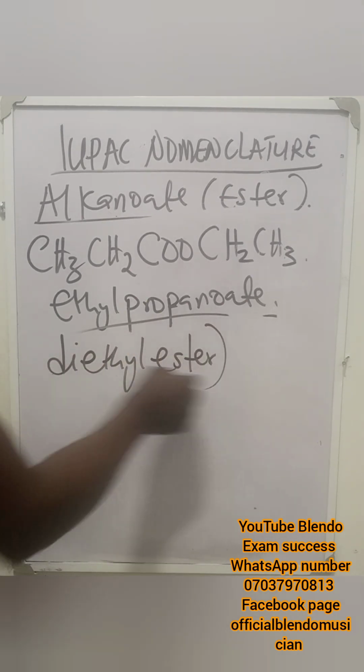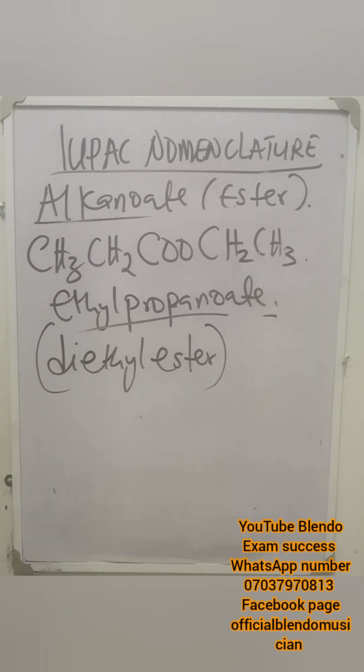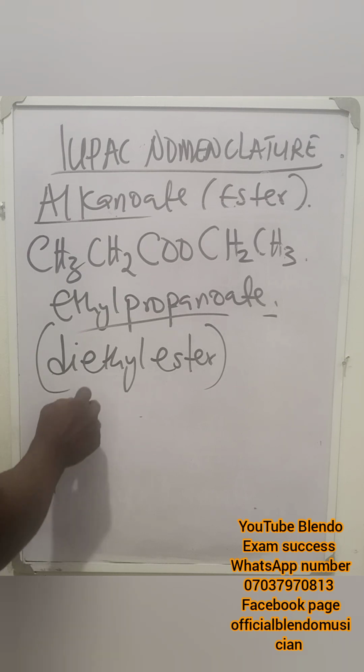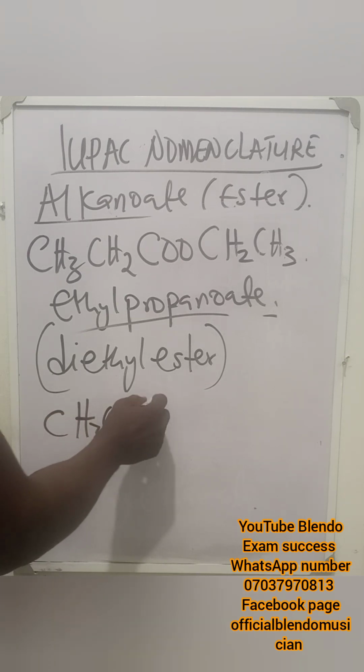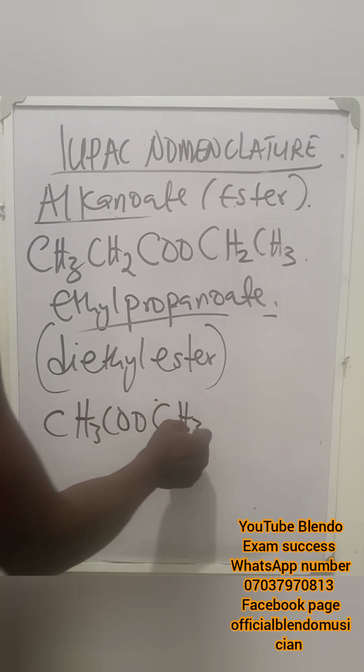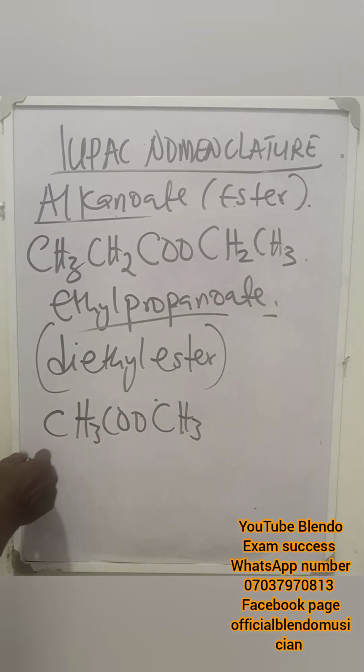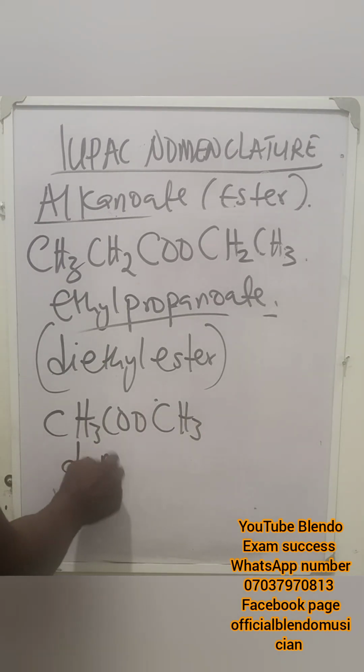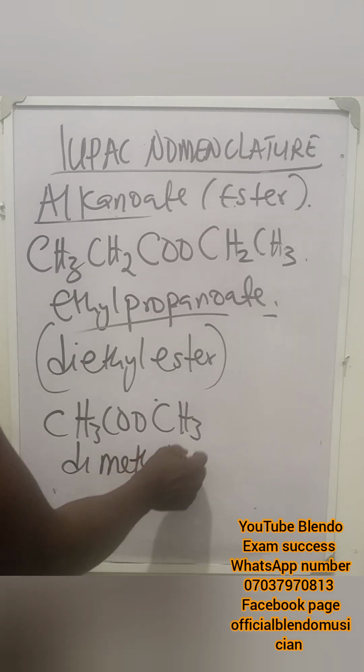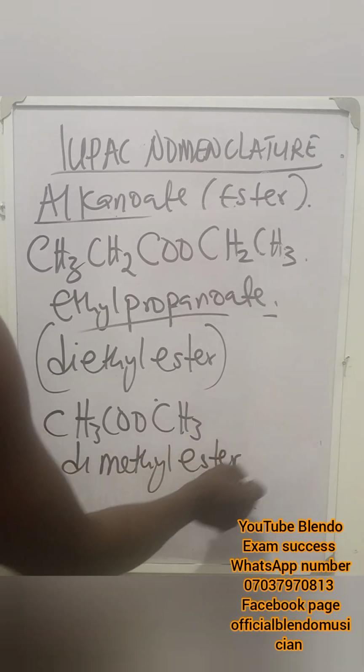So that is the R prime. So we name it as ethyl propanoate. The previously named methyl ethanoate can also be called what? Dimethyl ester.